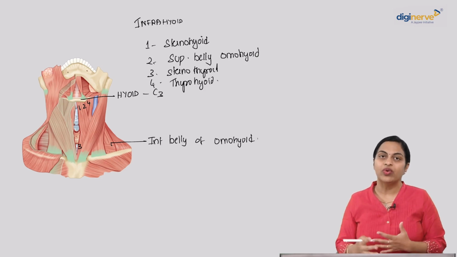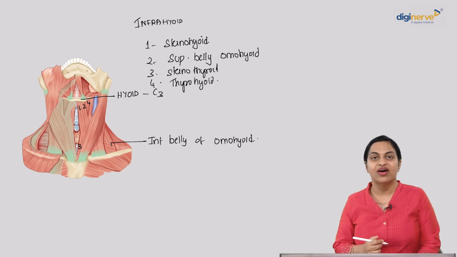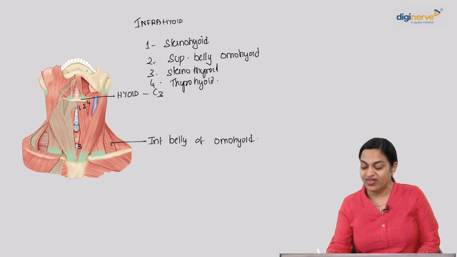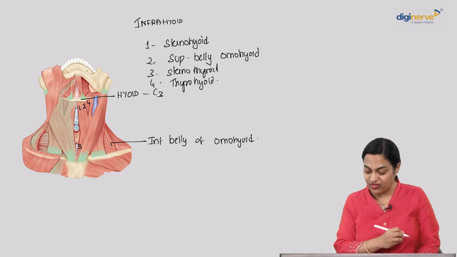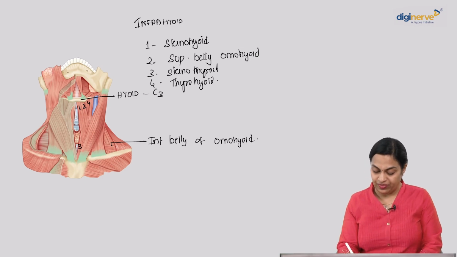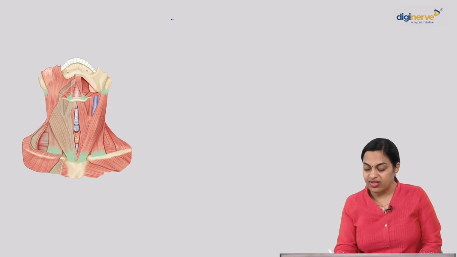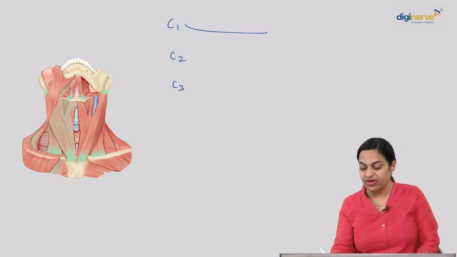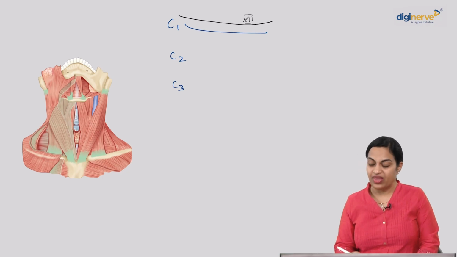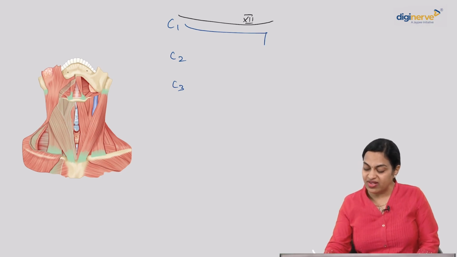Now, the other thing they frequently ask in this topic is nerve supply. So where is the nerve supply coming from? Ansa cervicalis. How is the ansa cervicalis formed? Yes, C1, C2, C3 ventral rami. The C1 fibers will accompany the hypoglossal nerve for some time, and after that it descends down.